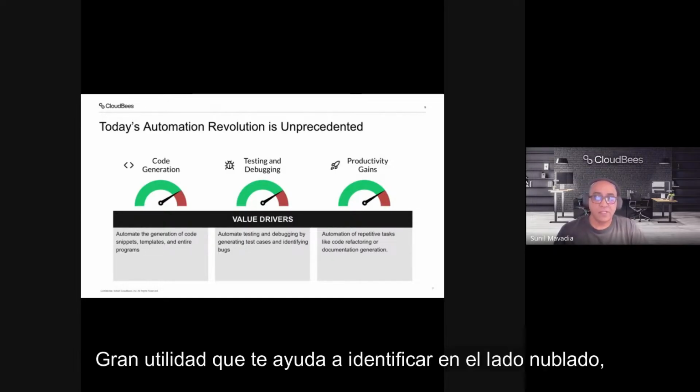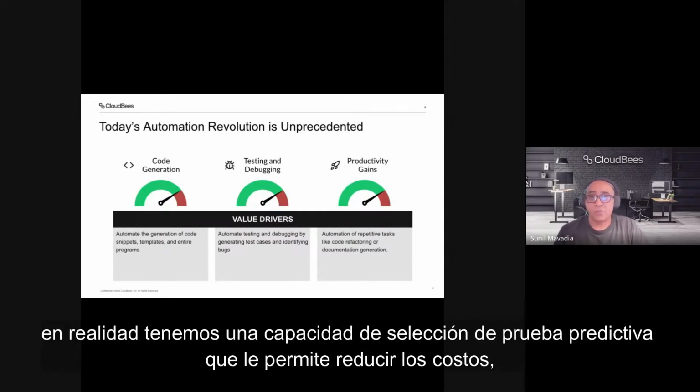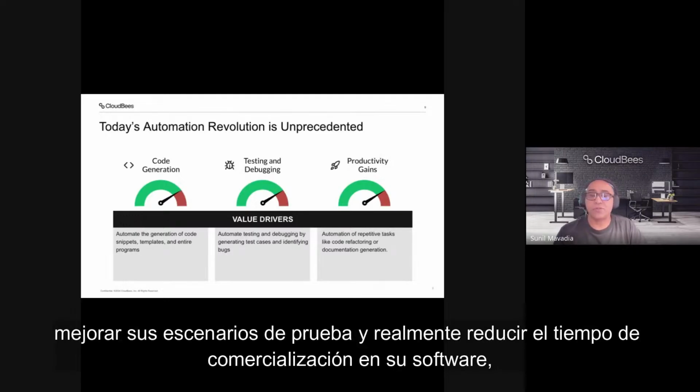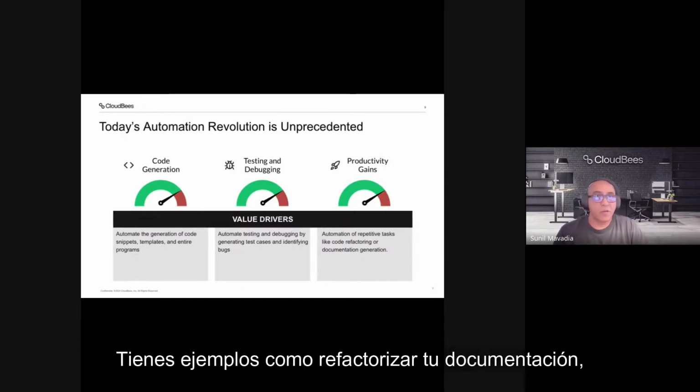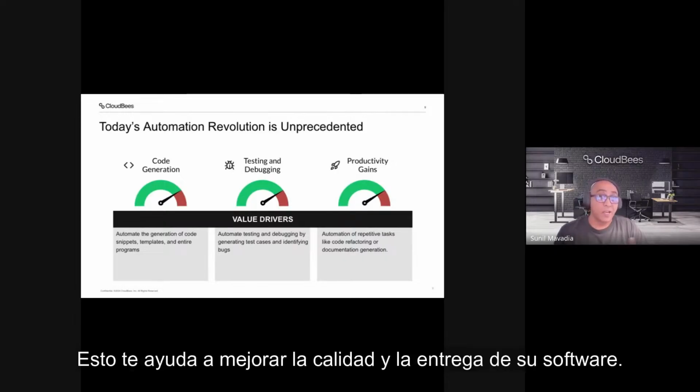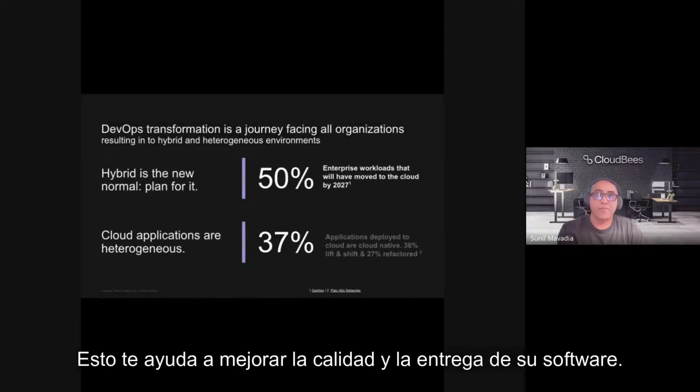Great utilities that help you identify. On the CloudBees side, we actually have Launchable, which is a predictive test selection capability that lets you reduce cost, improve your test scenarios, and actually reduce the time to market on your software. On the productivity gains, you have examples like refactoring your documentation, right? This helps you improve the quality and delivery of your software.